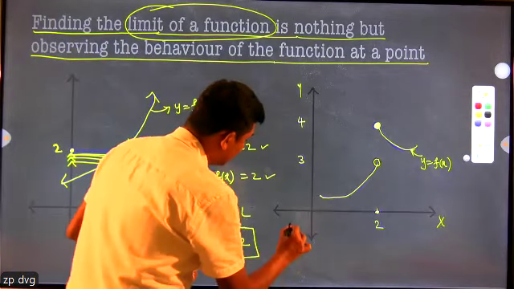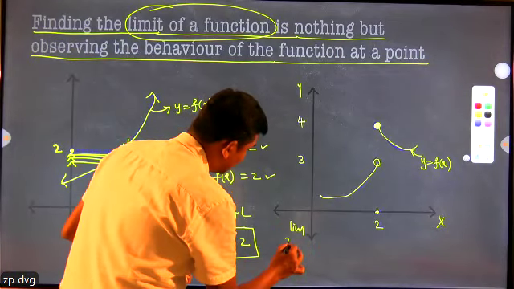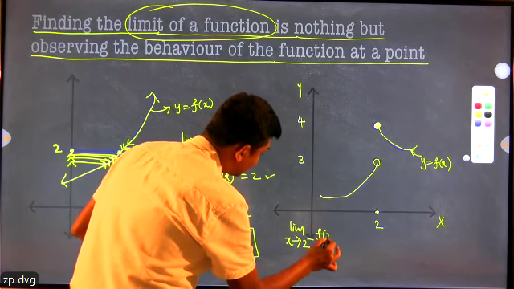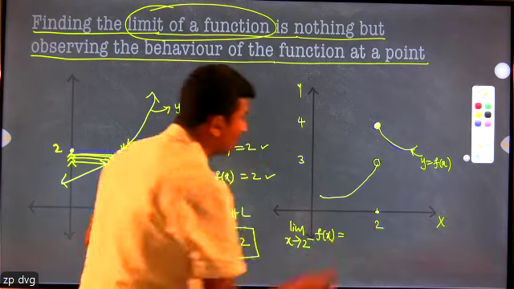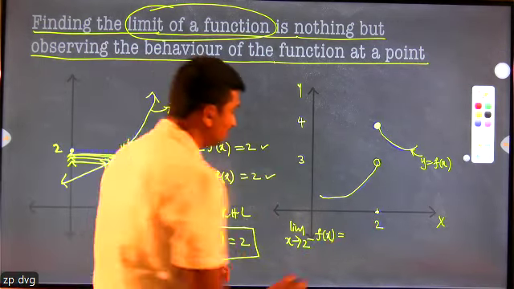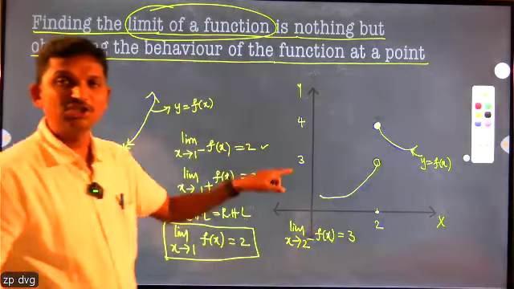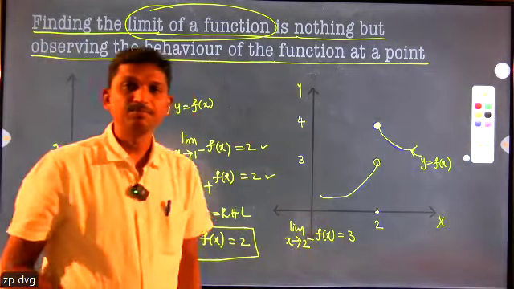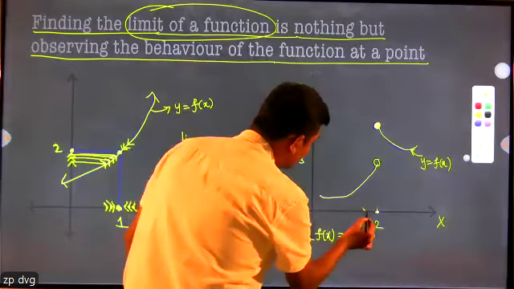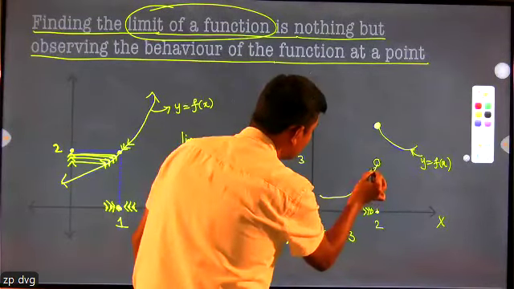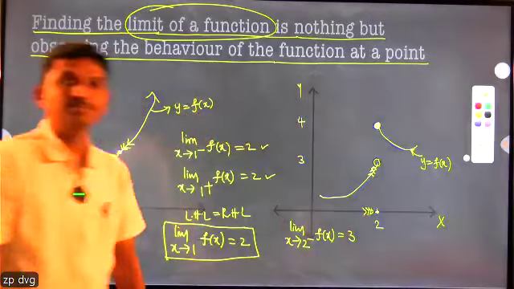We say limit x approaches 2 from left, f of x, the function approaches 3. So the left hand limit of this function at x equal to 2 is 3. As x approaches 2 from left, the function approaches 3.